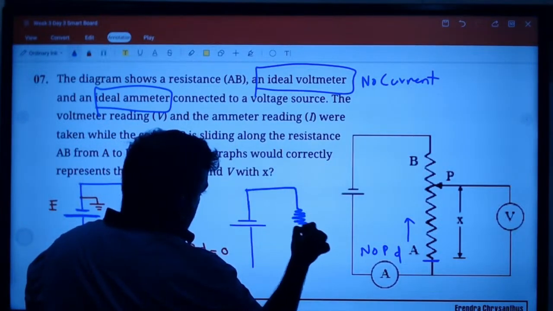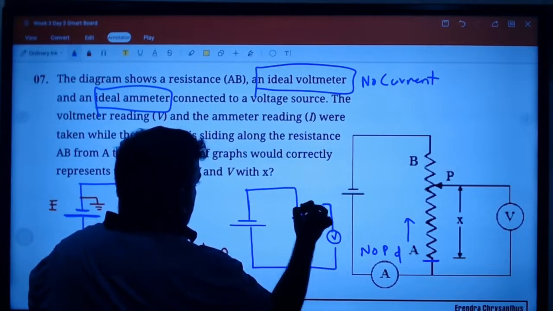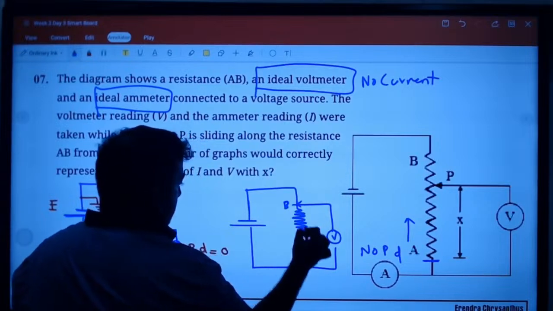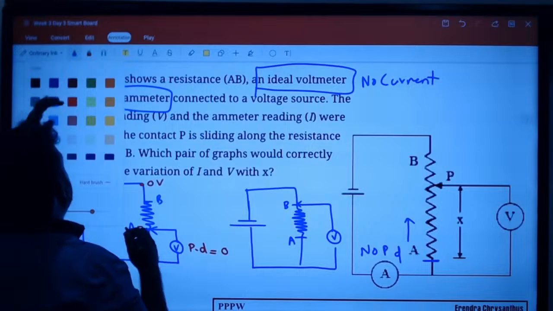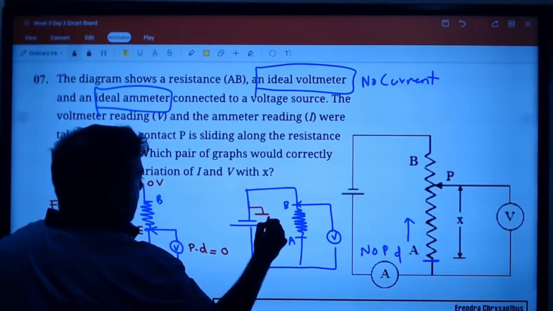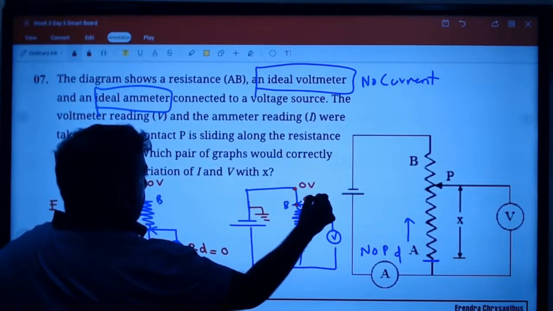Right? Now the voltmeter is here at B. Just as we did earlier, it's easier because if you ground the negative terminal, here voltage 0 means here voltage also 0.